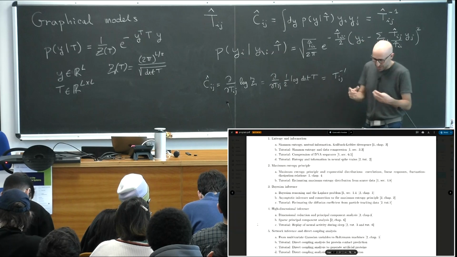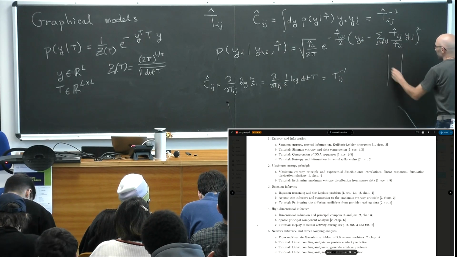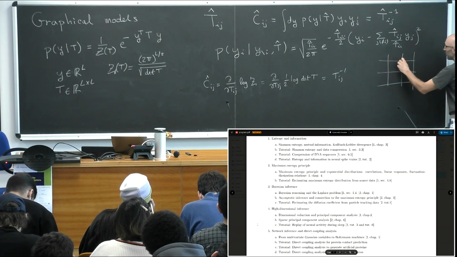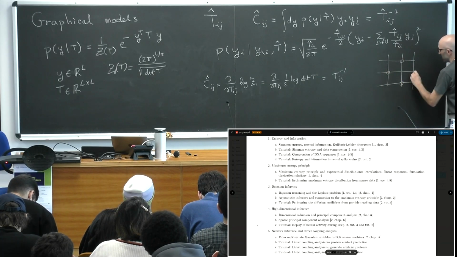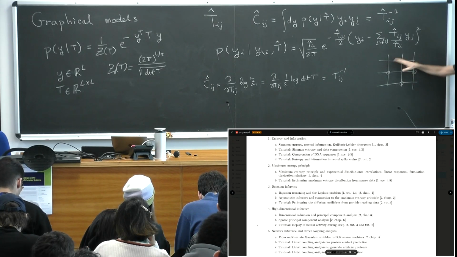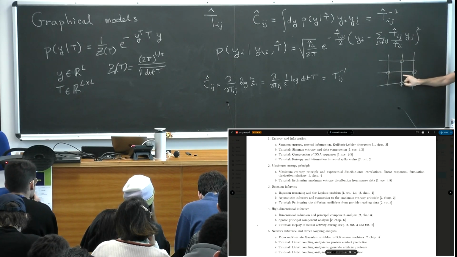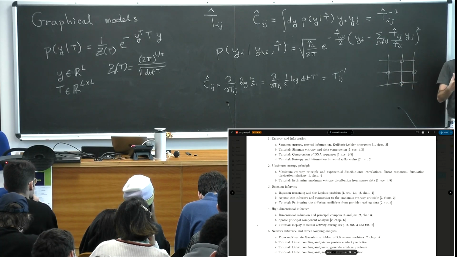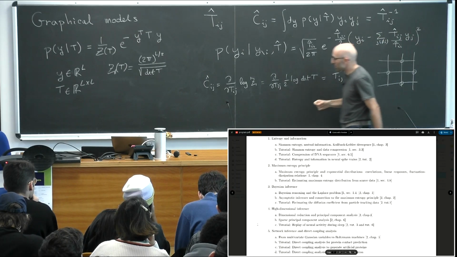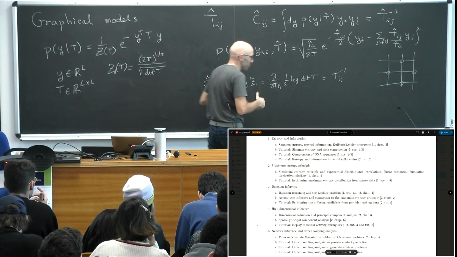So, for example, if you have a two-dimensional Ising model, if you fix these 4, the rest of the system does not have any influence on this one. So this defines really the direct neighbors. So the non-zero elements of T tell you who is interacting with whom.